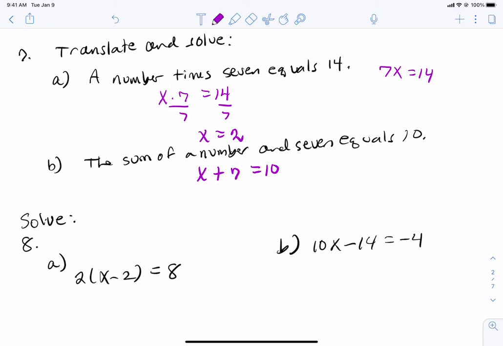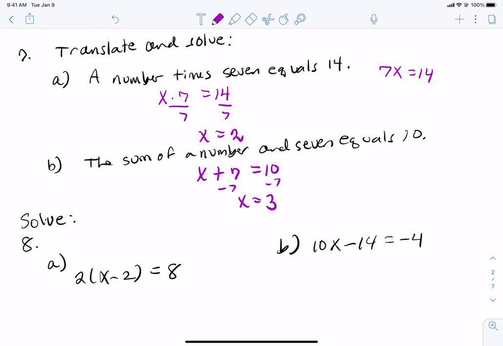Yeah, we got to subtract 7 from both sides. Okay. So just some very simple translations. Remember, sum means addition, difference means subtraction, product is another way they could write multiplication. Just simple things like that.